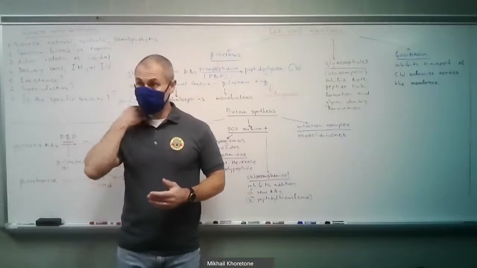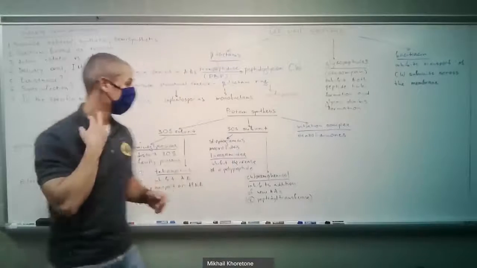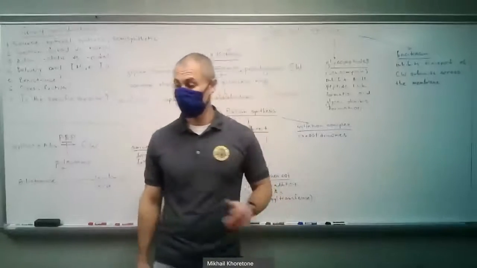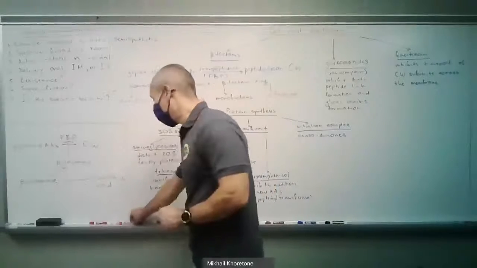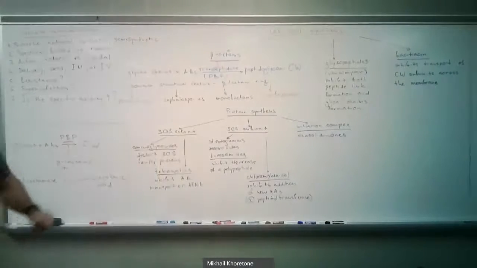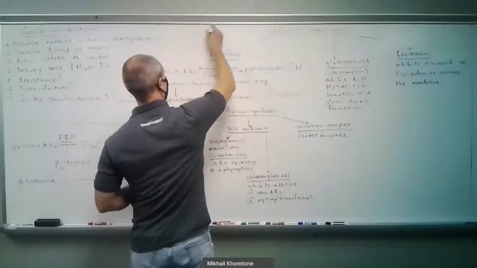Are we clear? Does that make sense? Now, again, those are the classes that I want you to know. Now, we already highlighted that cell wall synthesis inhibitors have high specific toxicity, right?